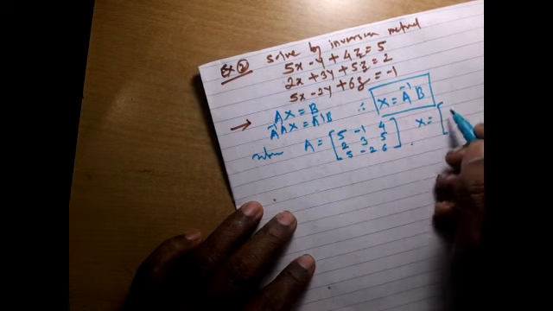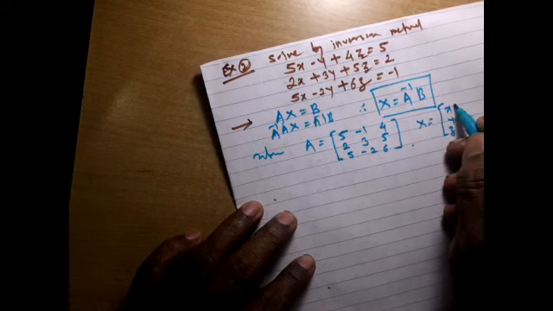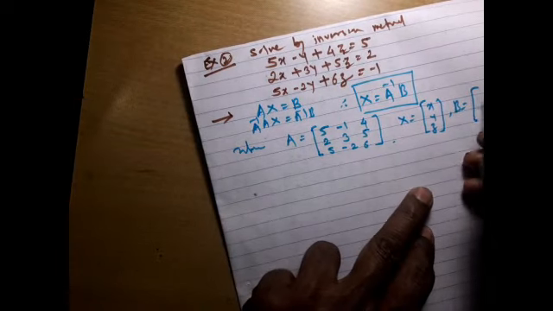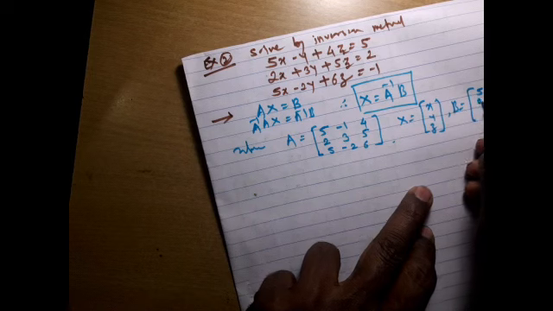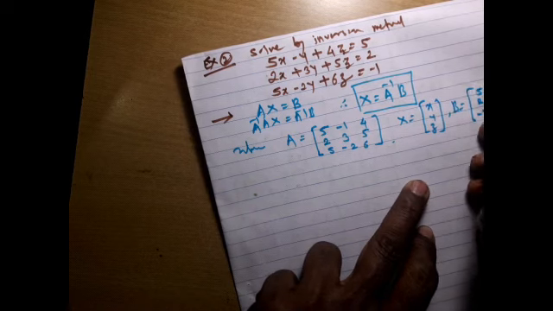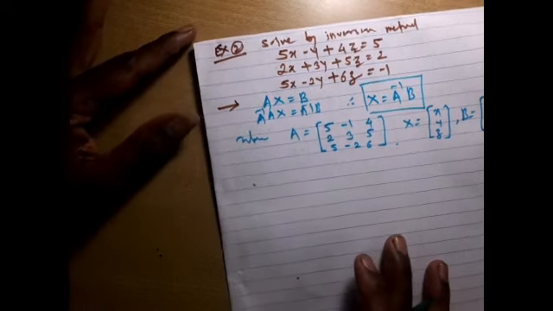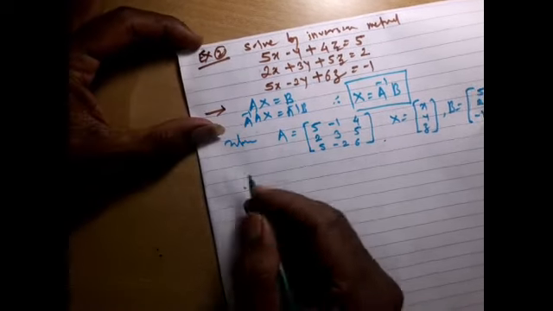X is a column matrix x y z, and B is a column matrix of constants 5 2 minus 1. Now we'll find the inverse by using the adjoint method.